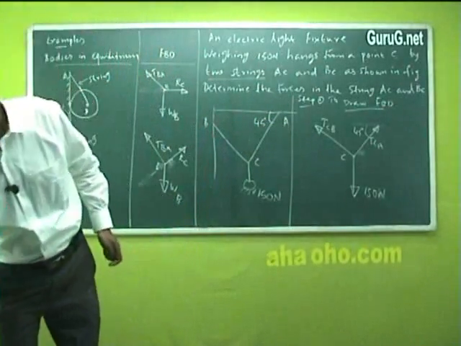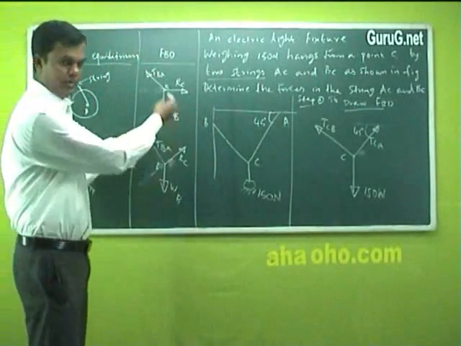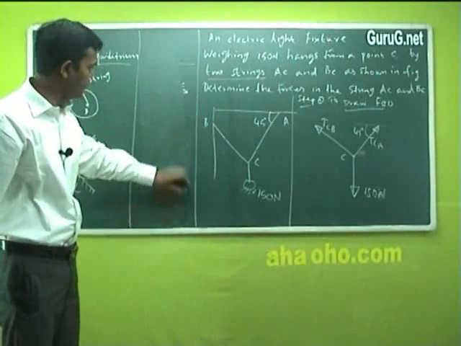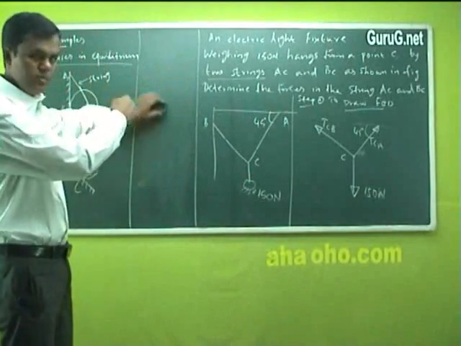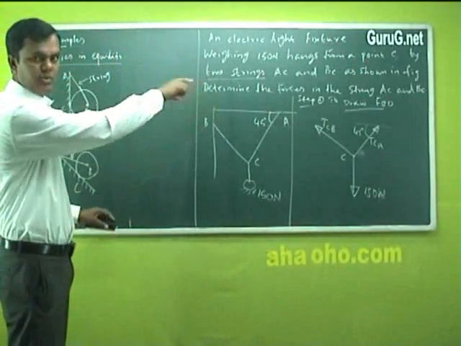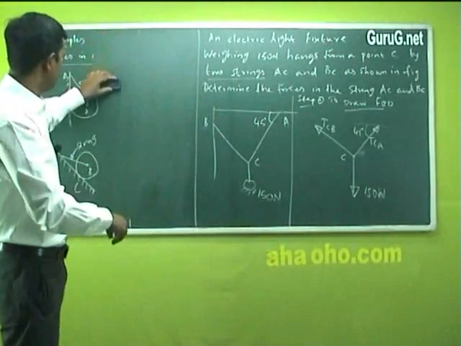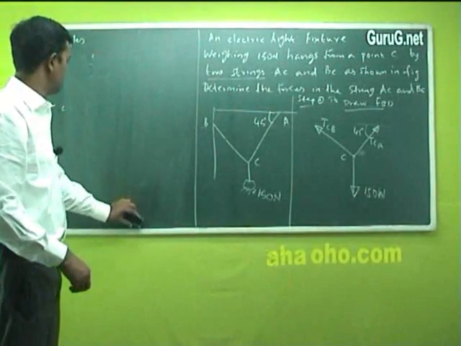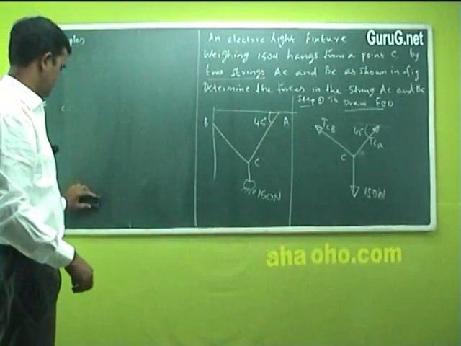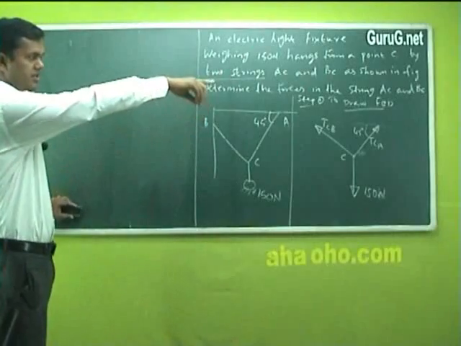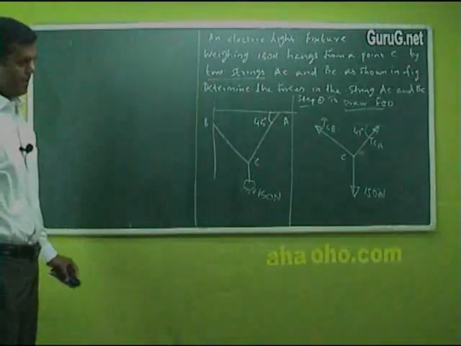Now, I'll just erase this part because it was for your understanding. Hope you can do it better because if you go through the sketches in the book and understand them, this problem solving will be much easier. Okay. Now, this is step 1. You find the free body diagram.